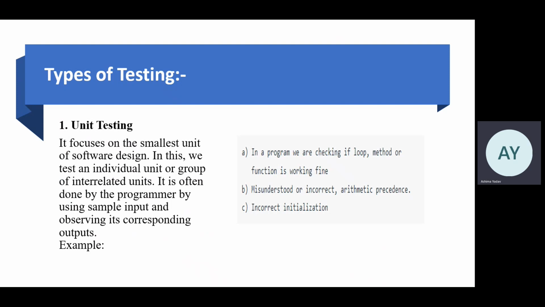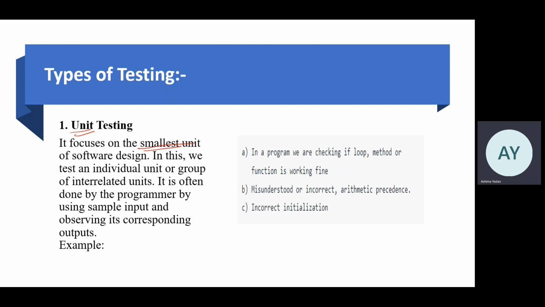Unit testing, as the name implies, tests the smallest unit or smallest part of your software. If I explain in terms of code, recall that we made a Java project. Under the Java project, we first create some packages.